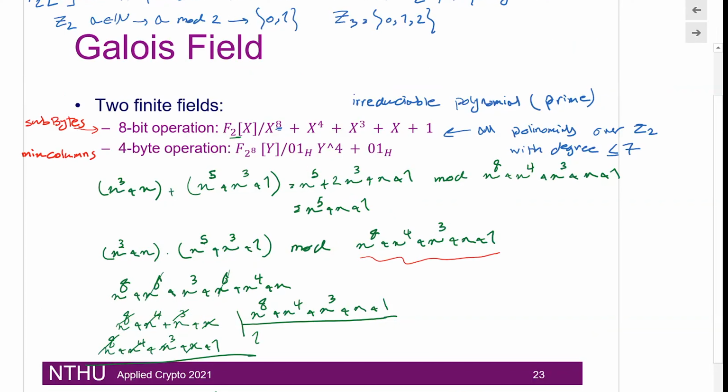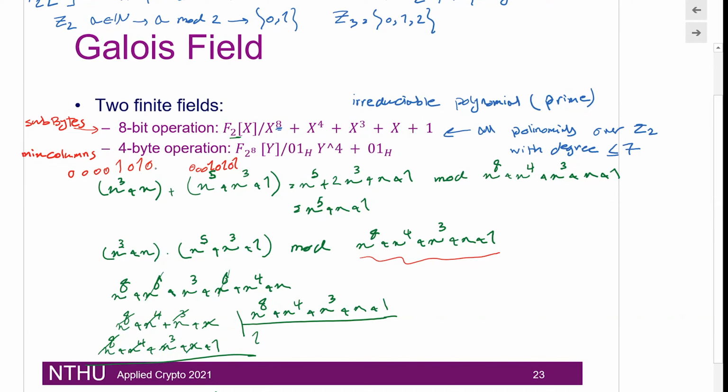So remember that we are talking about bytes. The operations in AES depend on the bytes. So I can represent a byte as a polynomial. For example, if my byte is 0, 0, 1, 0, 1, 0, 0, 0, imagine that these bits correspond to each other.